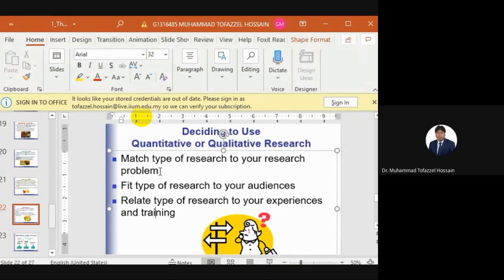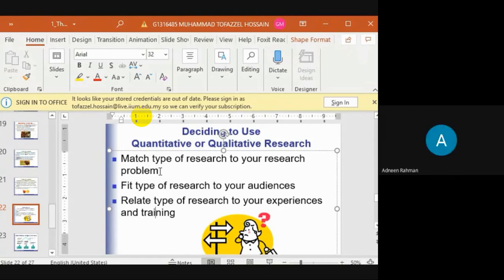So match the type of your research to your research problem. If you want to know what are the areas of problems that Rohingya children are suffering, in that case you can identify the major areas, and through a survey it can be possible.